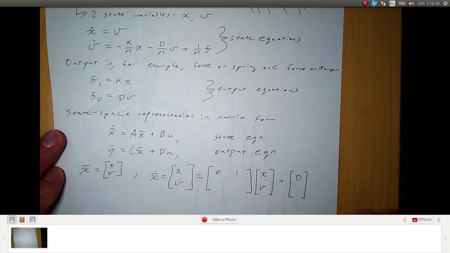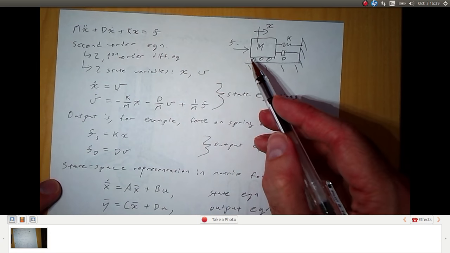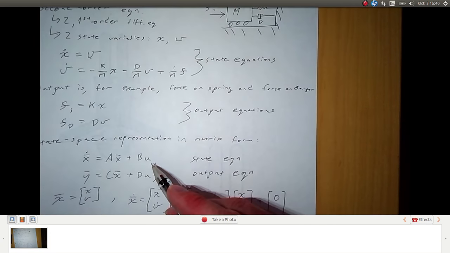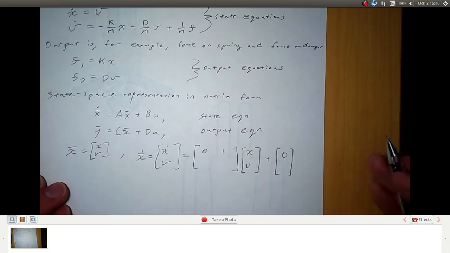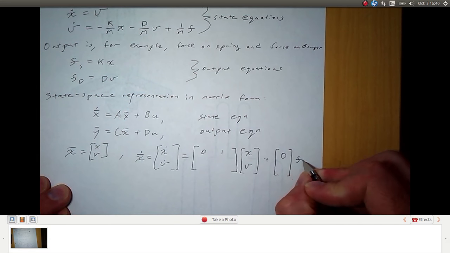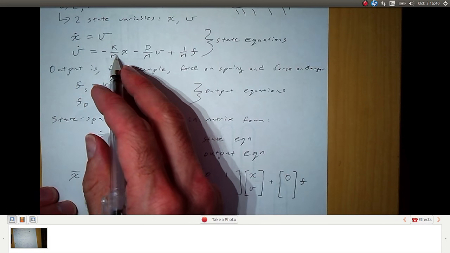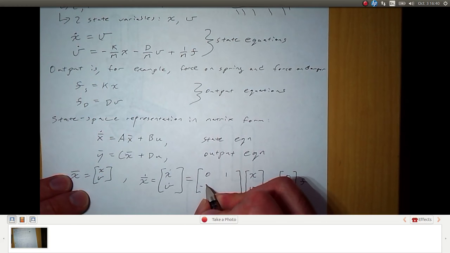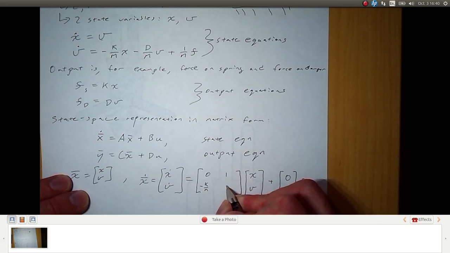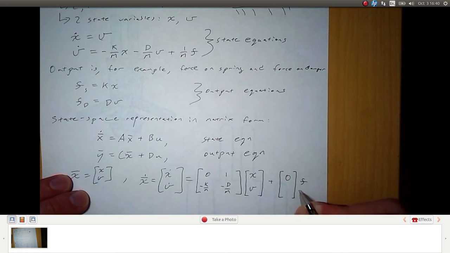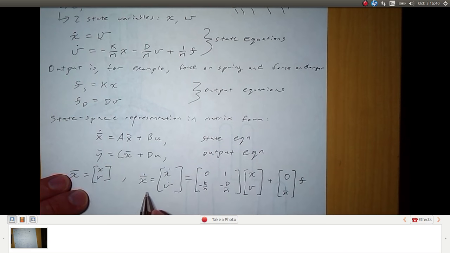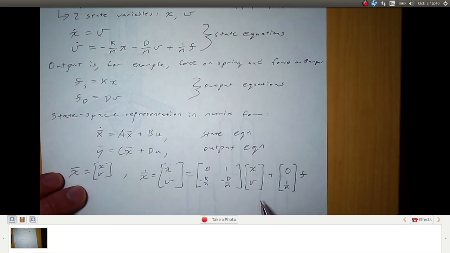For our example, we just have one input, so u is a scalar, and the input is force. Now on to the second equation. We have v dot, so we just take the coefficients here. We have negative k over m and negative d over m. And then for the B matrix, 1 over m. So here's our state equation in matrix form.